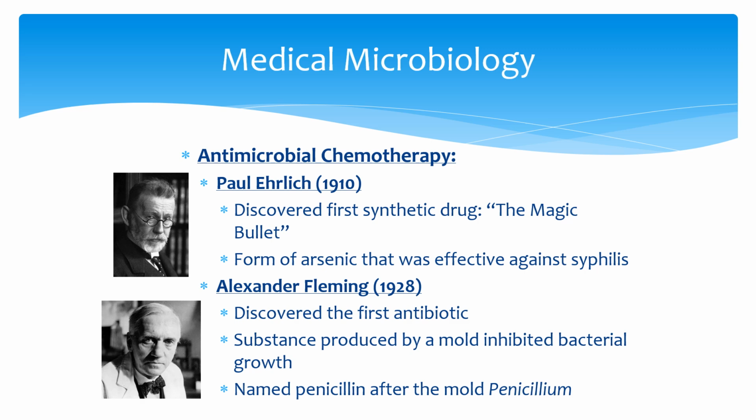So we have Paul Ehrlich in 1910 who discovered the first synthetic drug, which he called the magic bullet. These were small doses of arsenic, which was to treat against a particular sexually transmitted disease known as syphilis.